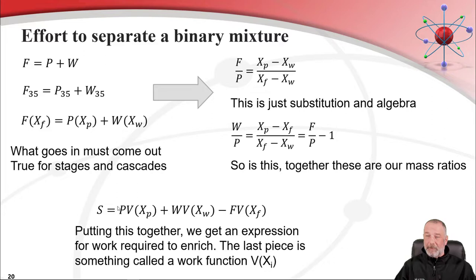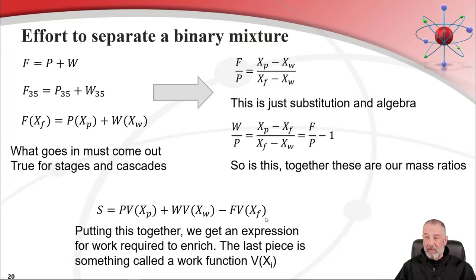So in this case, our S, how much work do we need? We need work to separate out the product percentage that we want. We need some work in order to separate out the waste percentage that we want. And then, of course, we already have work put in with whatever separation we're starting with.